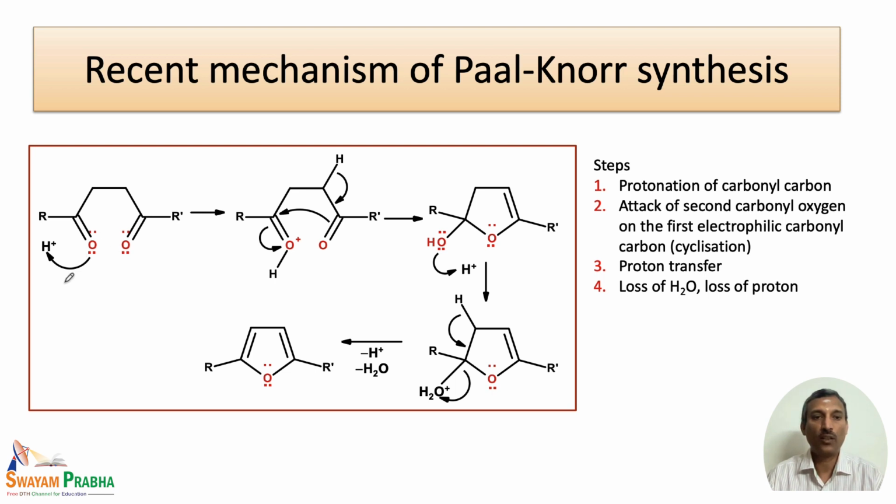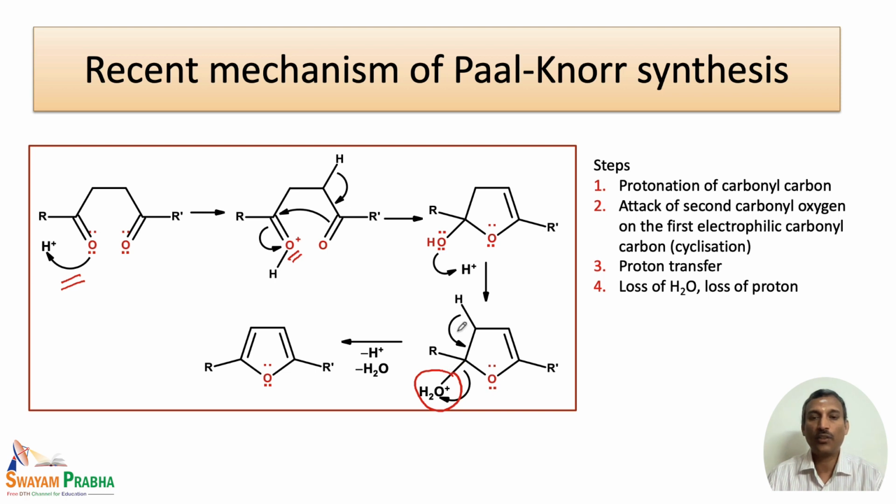Of course, this reaction also proceeds in the same direction, that means the protonation of one of the carbonyl oxygens happens as the initial step. Instead of an enol being formed, this particular ion is attacked by the double bonded electrons from the next carbonyl unit, and once this tetrahedral intermediate is formed, which has the hydroxy unit, it gets a proton and becomes H2O plus, a hydronium ion, which can easily be lost.